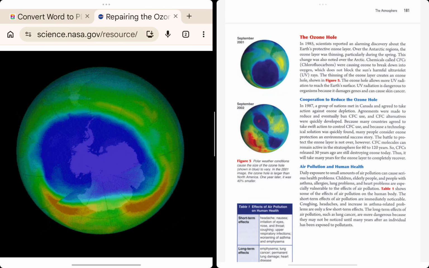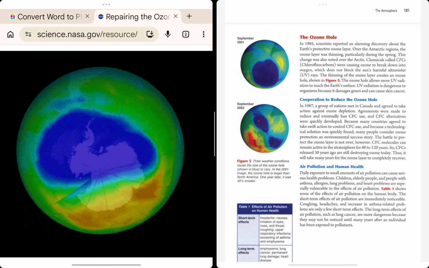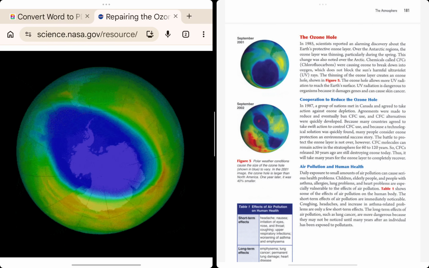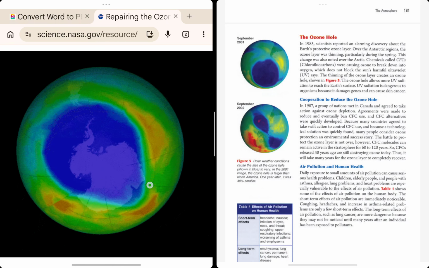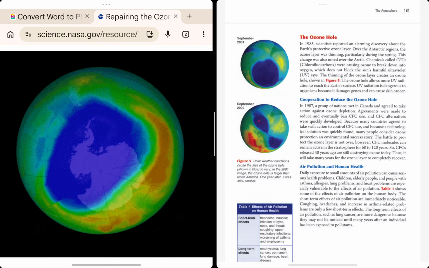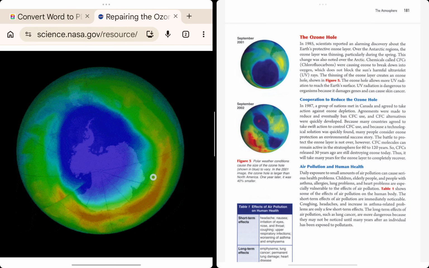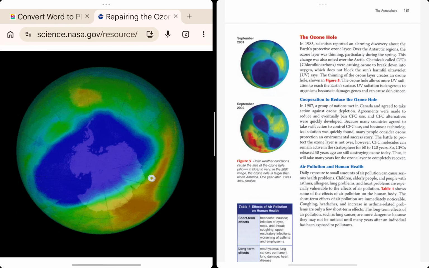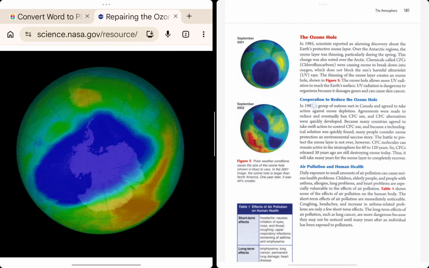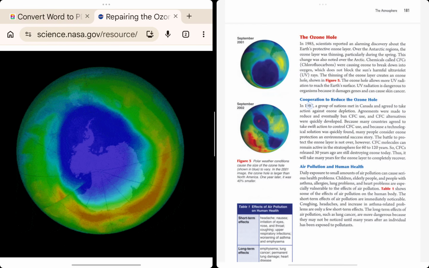You know that our skin is made of cells, and inside each cell we have genes, genetic material, and UV can cause mutation, and as a result, it might cause skin cancer. So the good news here is that there was cooperation between countries.